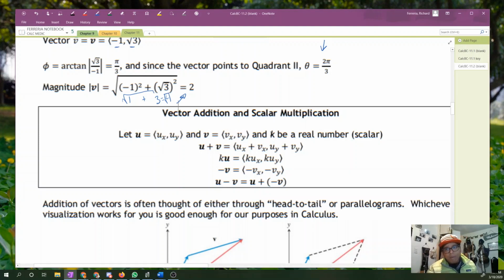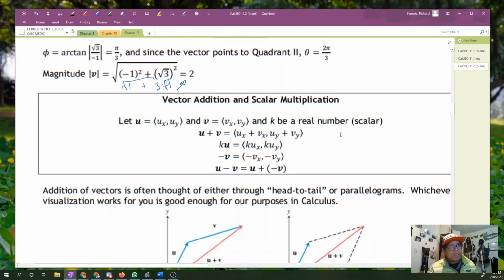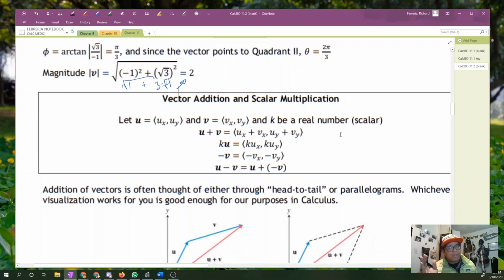And we'll let k be a real number. To differentiate vectors from the kind of numbers we've been using all along, we're going to call those numbers scalars. So a scalar is a regular number. A vector is, of course, that 2-coordinate thing that indicates direction and force.